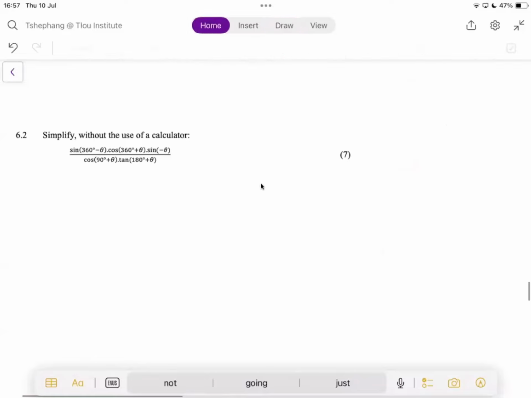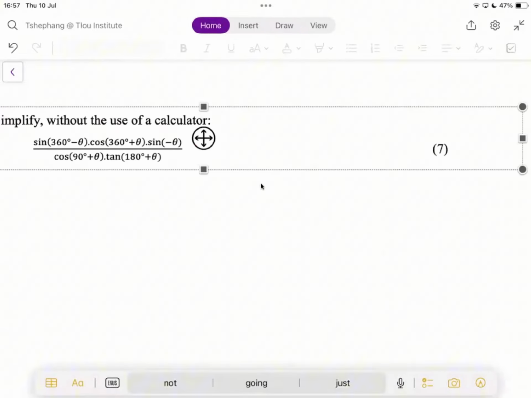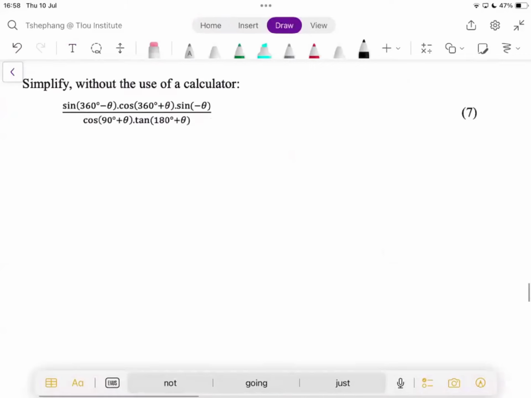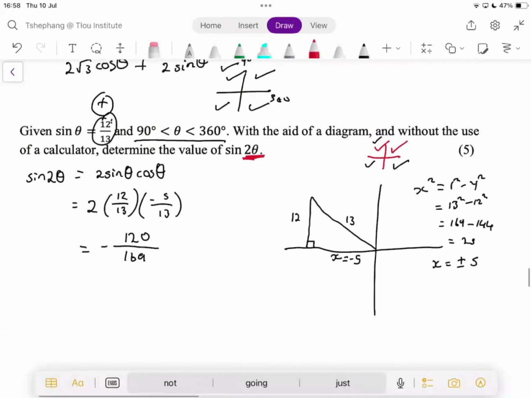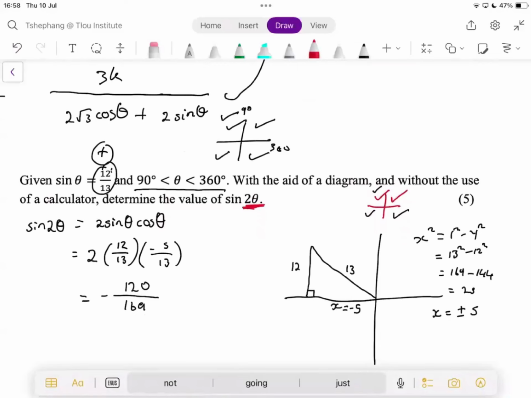Okay. Now, the last problem that we're going to look at is this one here. Let's see what they're saying here. Simplify without the use of a calculator. Right. For 7 marks, I'm going to just show you the mark allocation, and then you can see where you're going to get your marks. The mark allocation for this previous question is out of 5.